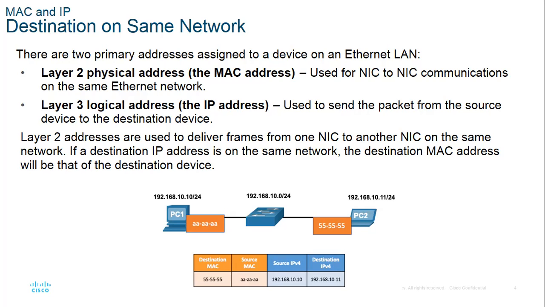When this packet is going to be encapsulated within an Ethernet frame, we have to configure the source MAC address of the Ethernet frame with the MAC address related to PC1, while the destination MAC address within the Ethernet frame should be the MAC address of PC2.